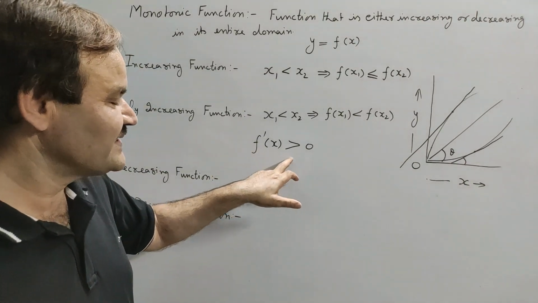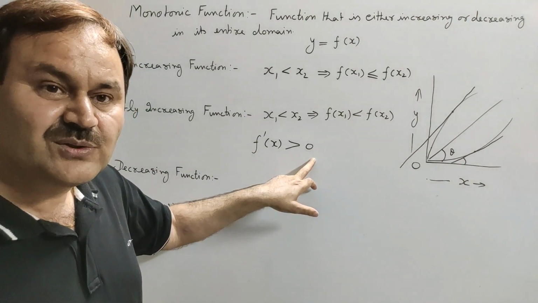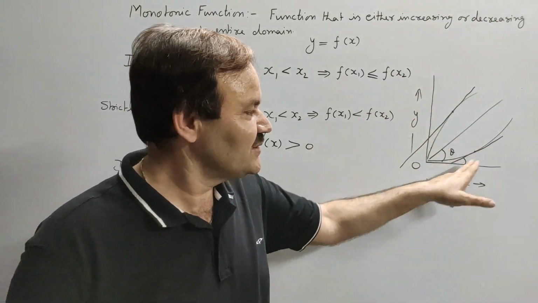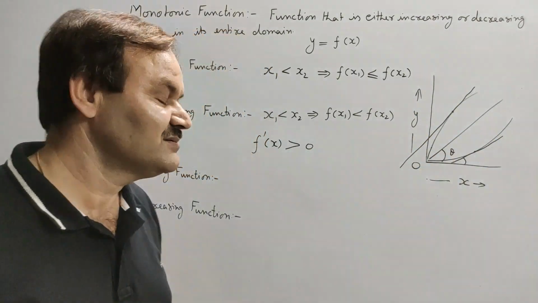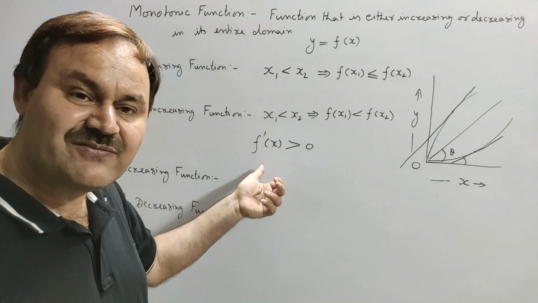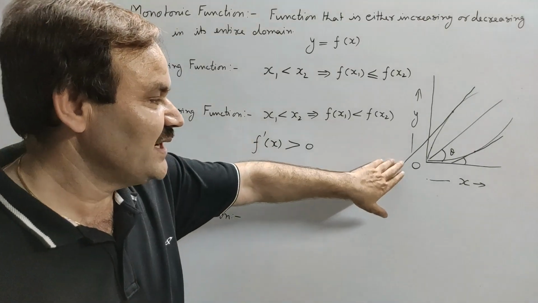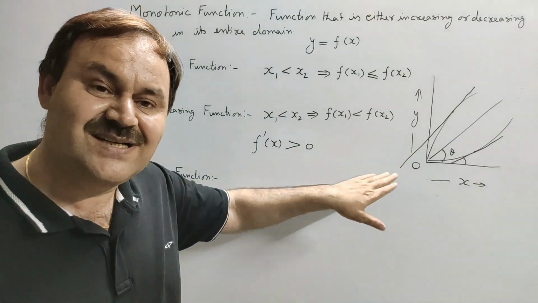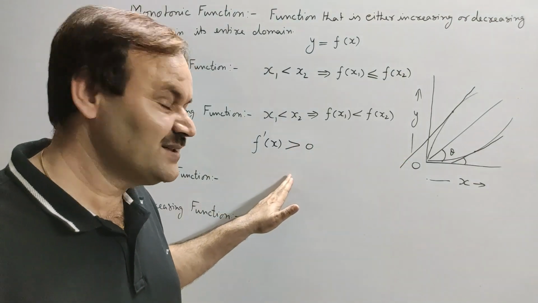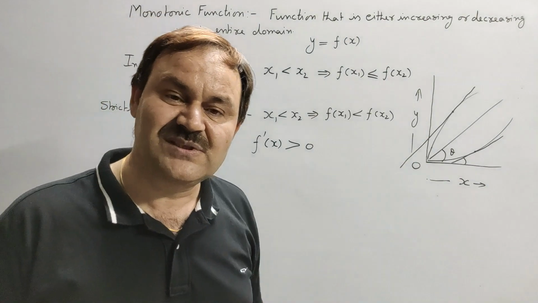If f dash x is greater than 0 for any point on the curve, that is, for any value of x in the domain of function, then function will be said to be increasing for that value of x.